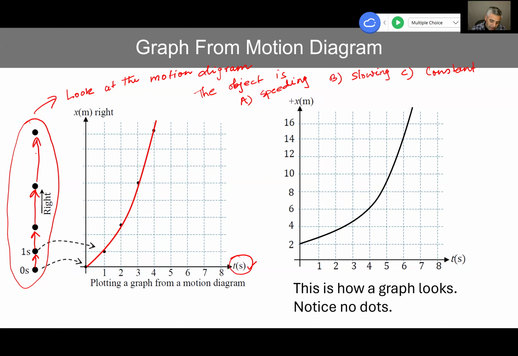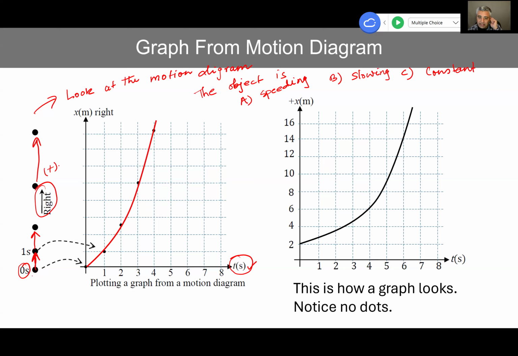And why am I drawing upward lines, not downward line? It's because 0 second here means that's the starting point. So 0 second, 1 second means it must be moving that way, not the other way around, okay? And it also shows you it's moving to the right, and let's say this right is positive, okay?